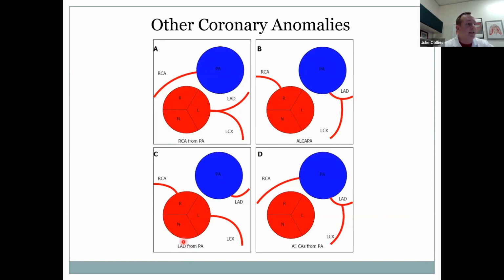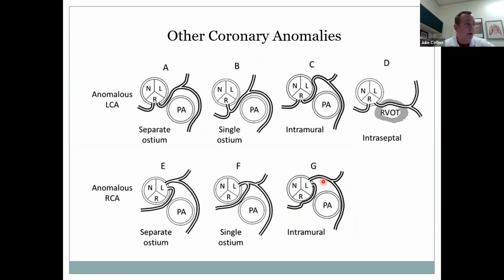It's possible to have the circumflex come off the left coronary cusp, but the LAD comes off the PA. That's an iteration. All coronary arteries arising from the PA, that permutation can happen as well. So just know that there are many ways that the coronary arteries can be congenitally compromised.